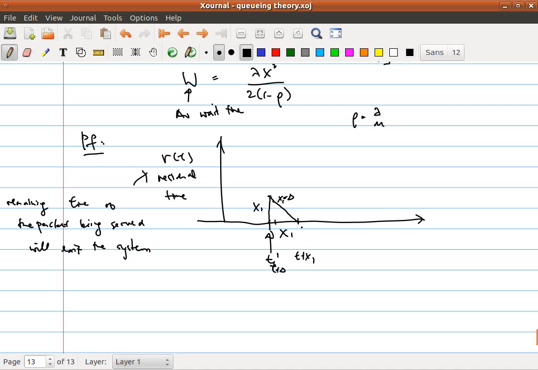Now let's say another packet comes in, and the service time for this packet is x2. Then the residual time has another triangle like this.